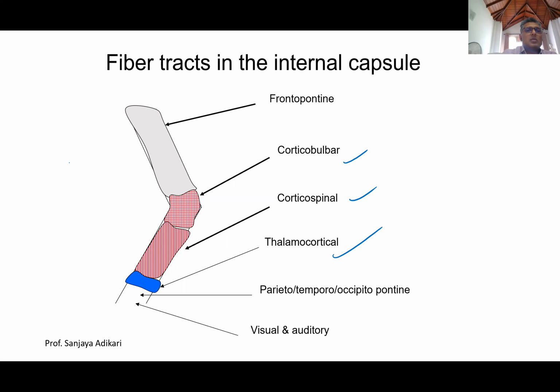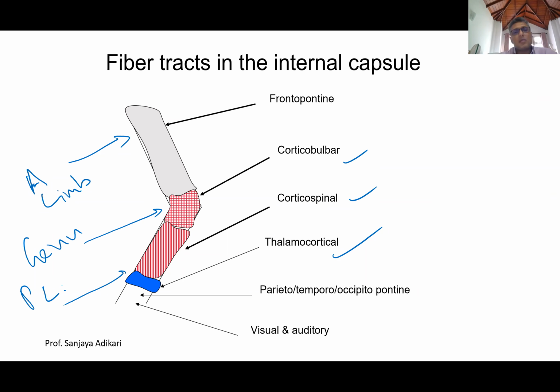This is called the anterior limb of the internal capsule, this area is called the genu, and this area is called the posterior limb. So you should get some idea about the internal capsule and its fiber tracts. But I will not discuss it totally here. It will be discussed later, maybe with the nerve tracts.